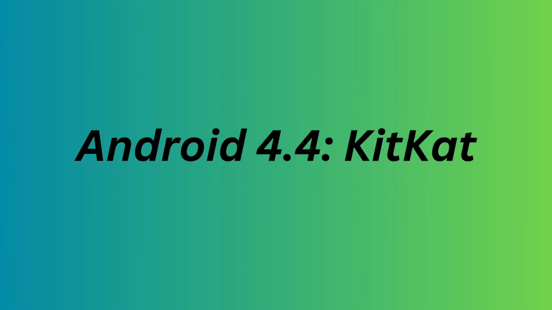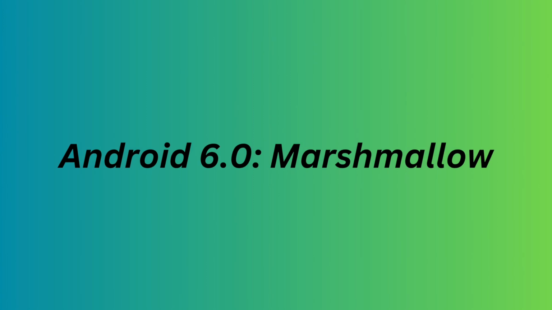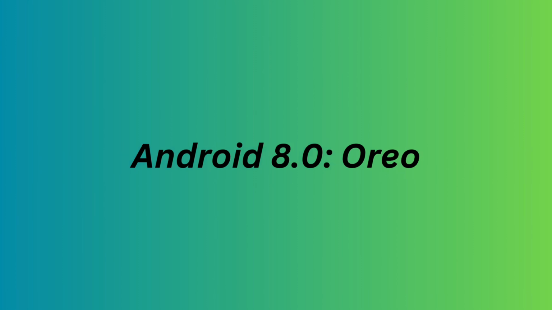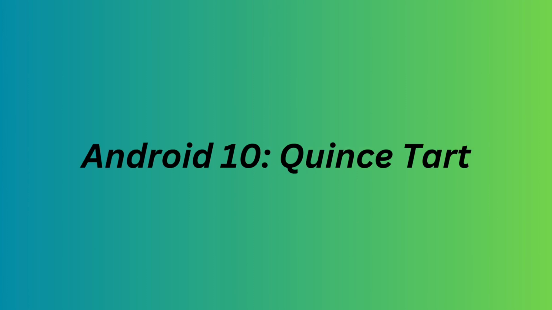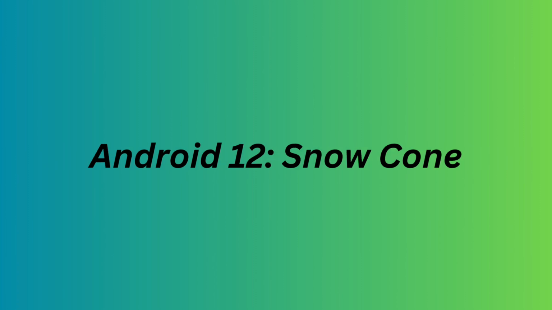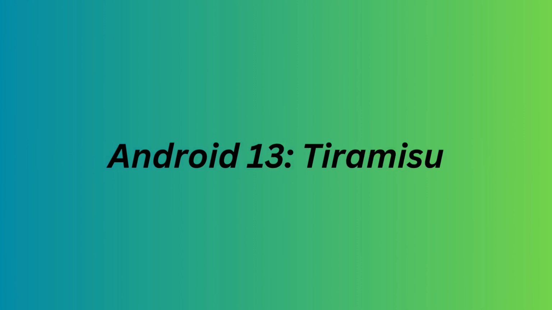Android 5.0, Lollipop. Android 6.0, Marshmallow. Android 7.0, Nougat. Android 8.0, Oreo. Android 9, Pie. Android 10, Quince Tart. Android 11, Red Velvet Cake. Android 12, Snow Cone. Android 13, Tiramisu. Android 14, Upside Down Cake. Android 15, Vanilla Ice Cream.